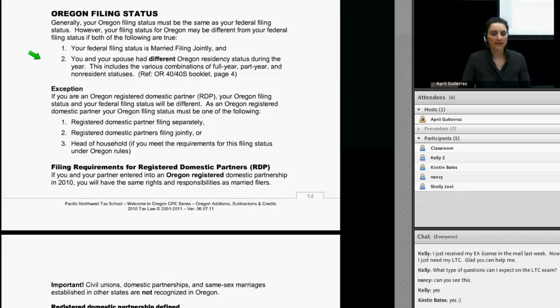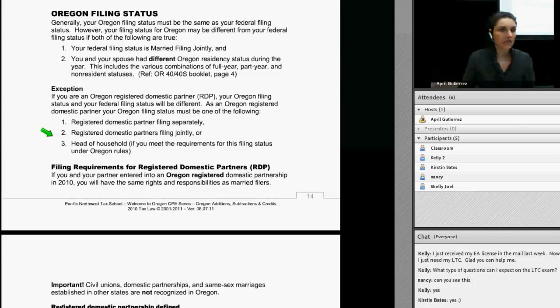There's also an exception if you are an Oregon Registered Domestic Partner, or RDP. Your Oregon filing status and your federal filing status will be different. As an Oregon Registered Domestic Partner, your Oregon filing status must be one of the following: Registered Domestic Partner filing separately, Registered Domestic Partners filing jointly, or head of household, but only if you meet the requirements for this filing status under Oregon rules.